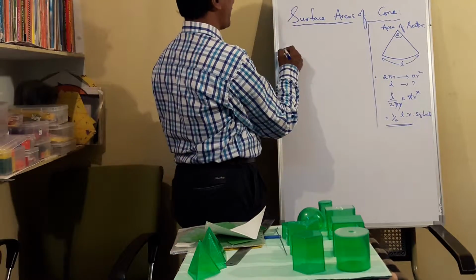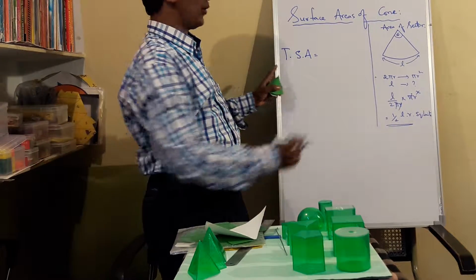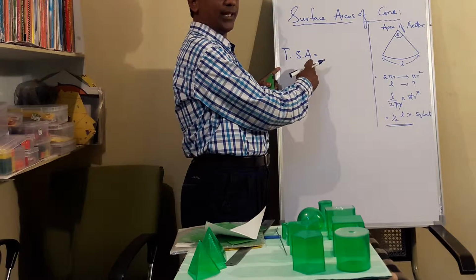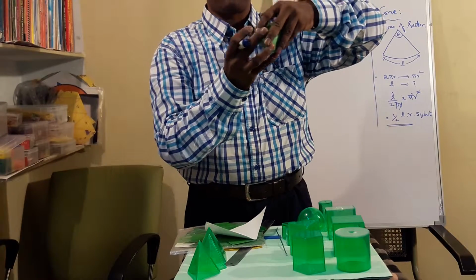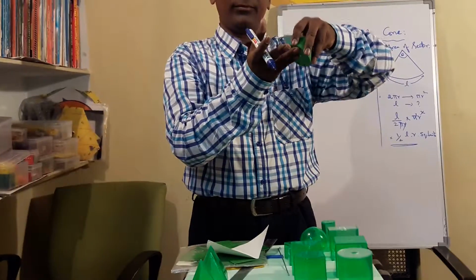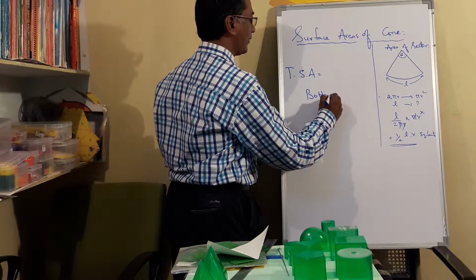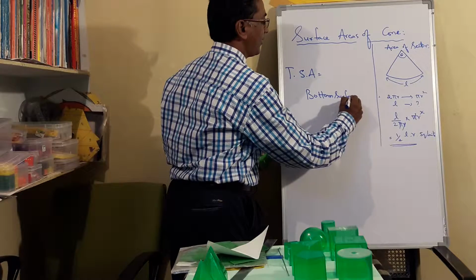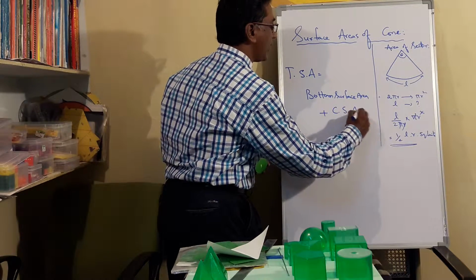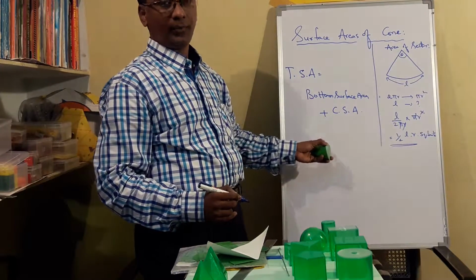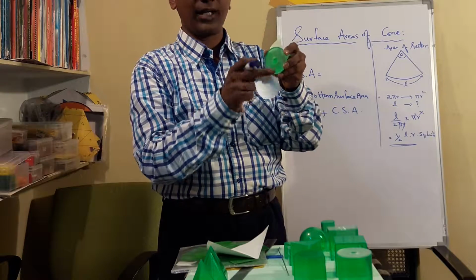From now onwards, I call total surface area TSA. TSA is nothing but the curved surface area plus the area of the bottom. What is the bottom surface area? Bottom is nothing but a circle.